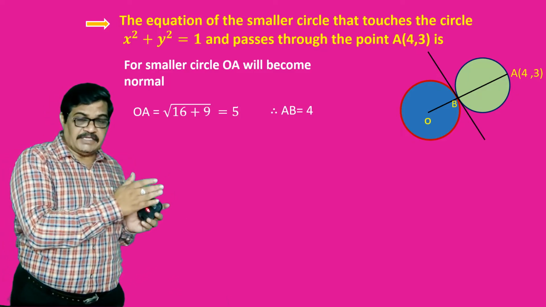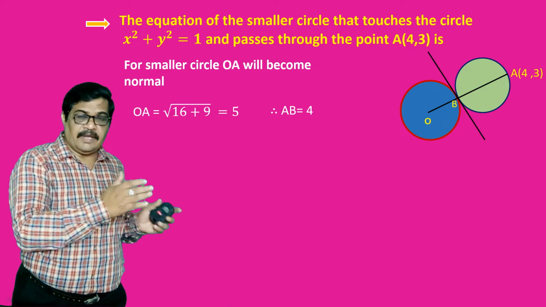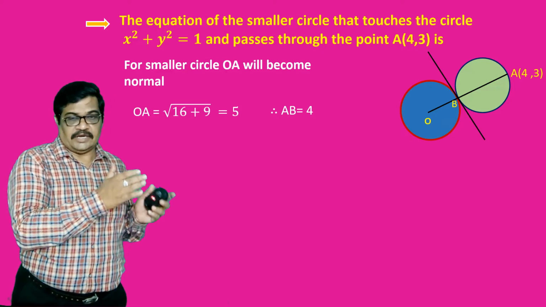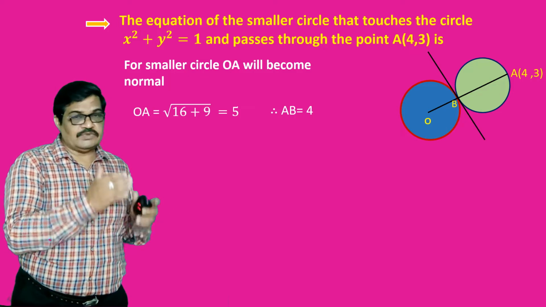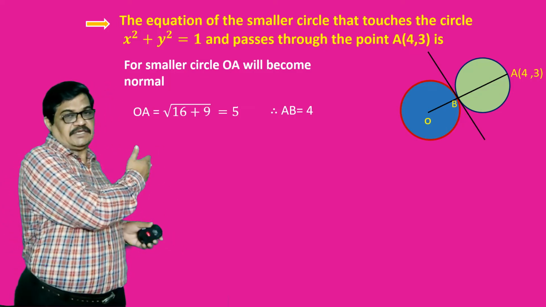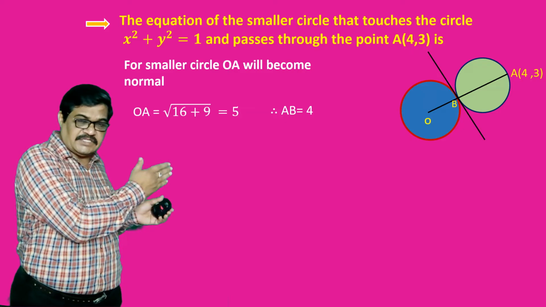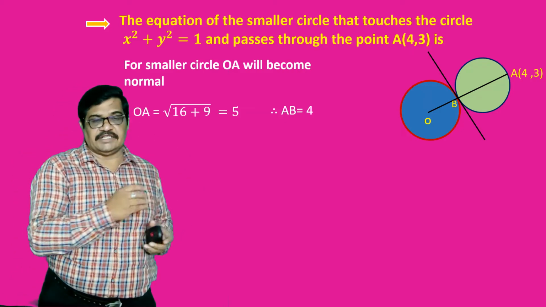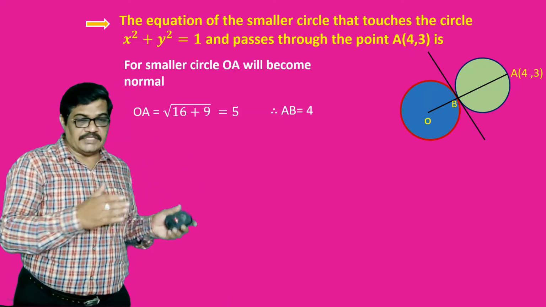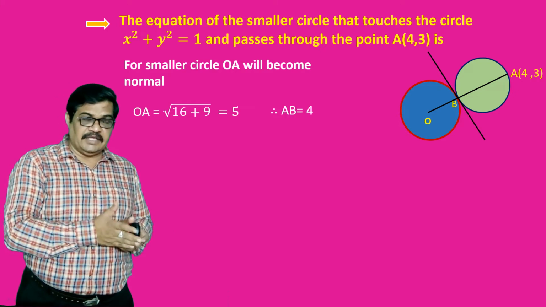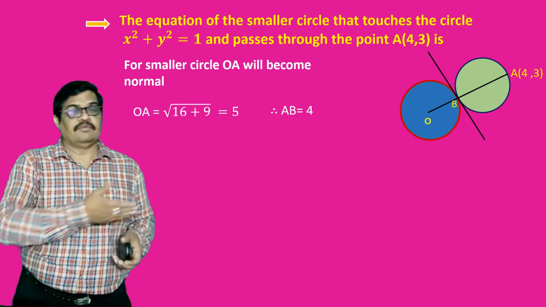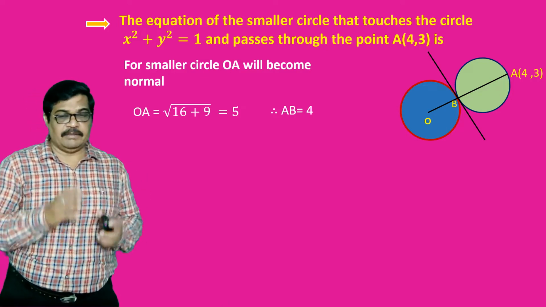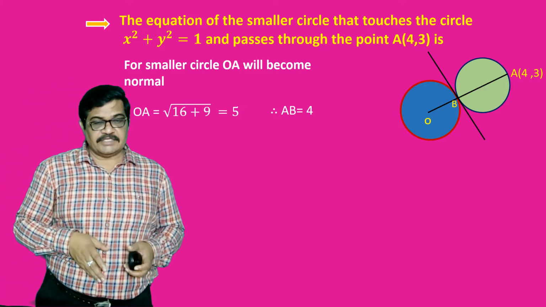How to get the AB distance? AB = OA − OB. What is the OB distance? The radius of the first circle, that is 1. So OA is 5, and subtracting the radius of the given circle we get AB = 5 − 1 = 4.